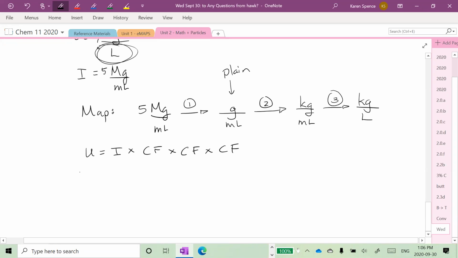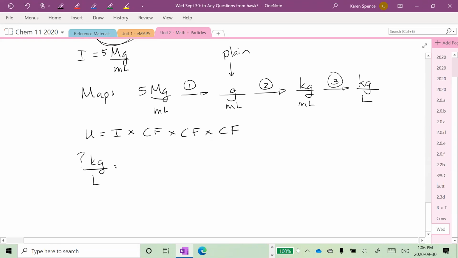So my unknown, kilograms per liter, is equal to my initial quantity, 5 megagrams per milliliter, times conversion factor, conversion factor, conversion factor.